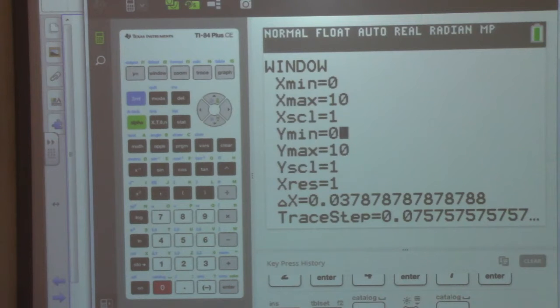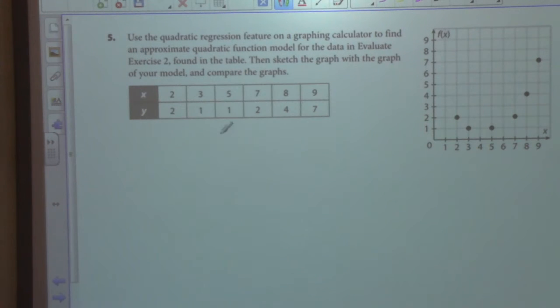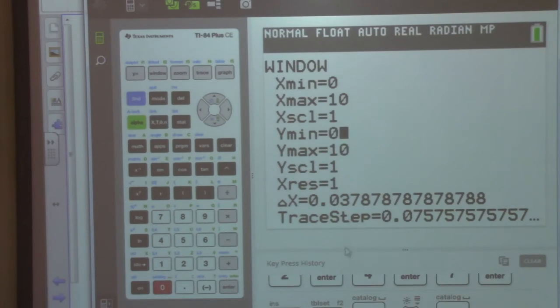Where did I get that 0 to 10? I got it right from the graph here. And I have grid lines turned on, so this y scale means I'm going to have horizontal lines 1 apart. And over here the x scale means I have vertical lines 1 apart.